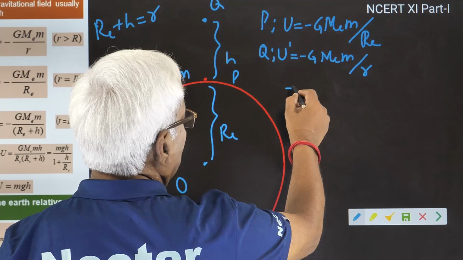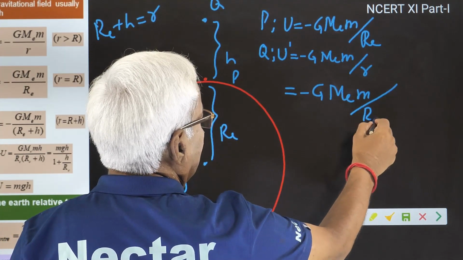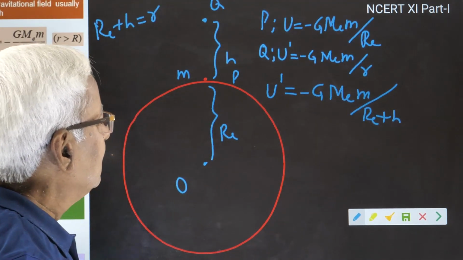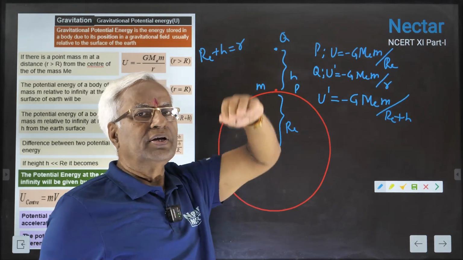So it could also be written as minus GME upon RE plus h.